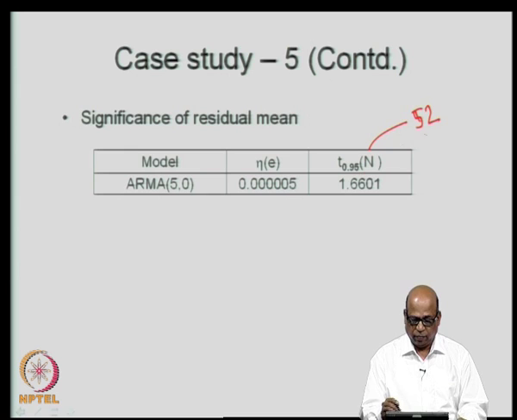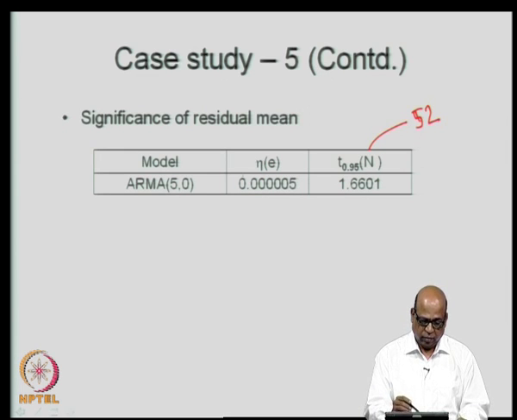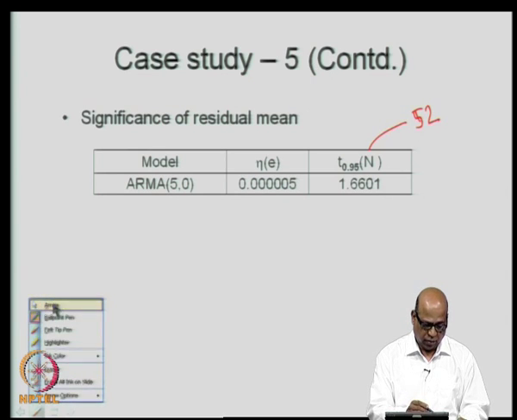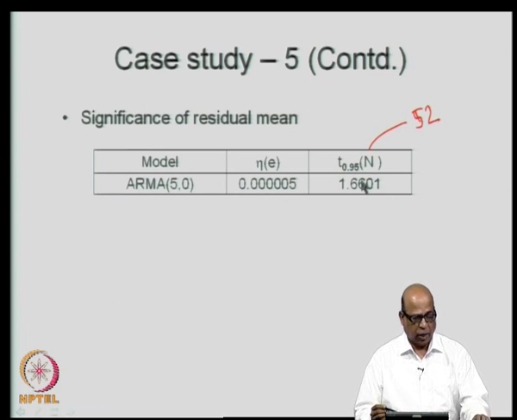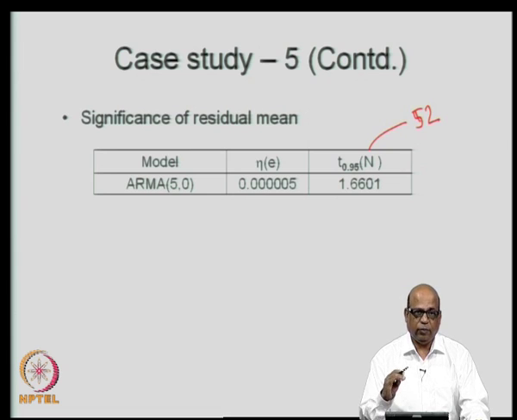So, the remaining 52 values we are taking for validation. So, you get t 0.95 corresponding to this as 1.6601 and therefore, the model passes the test, because the statistic that you have computed is less than the critical value of t. What do I mean by the model passes the test? It means that the residual series has a 0 mean, or you can be confident that the residual series has an insignificant mean.